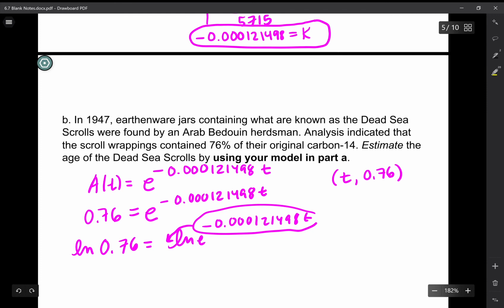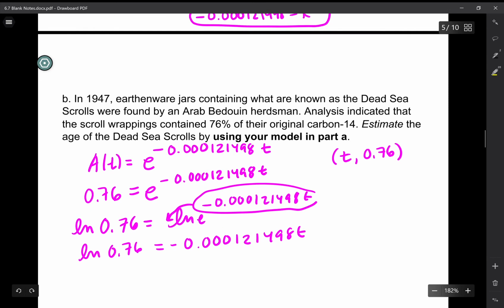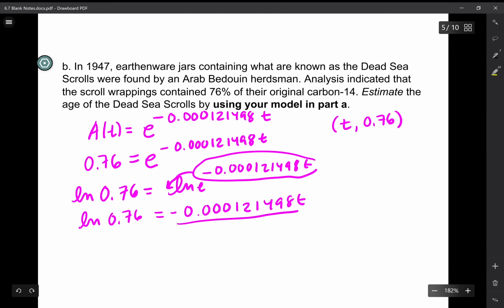We know the natural log of e is 1, so we get natural log of 0.76 equals negative 0.000121498 t. So we're going to divide both sides by that number, and we're going to get a value for t.